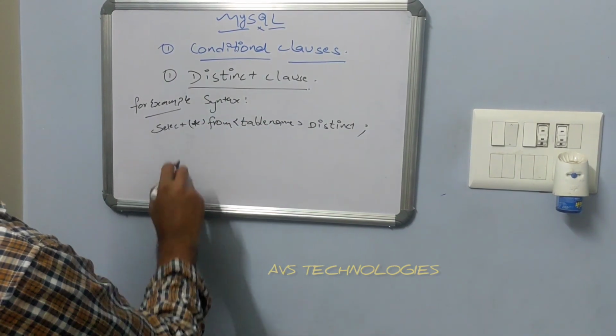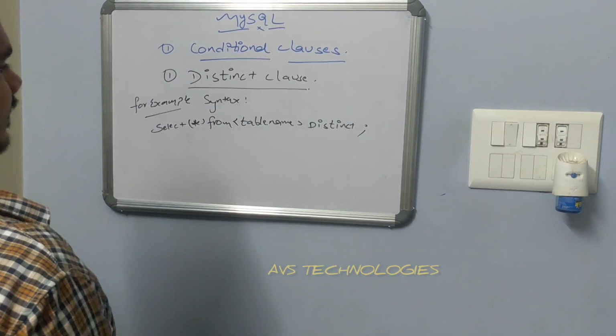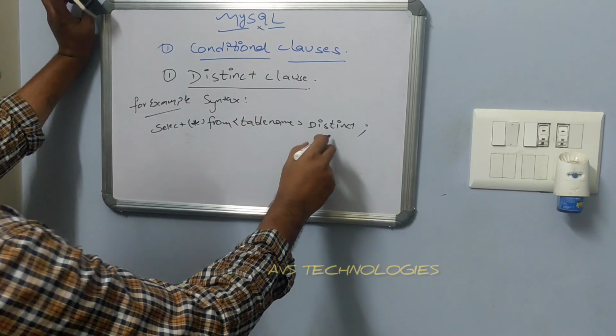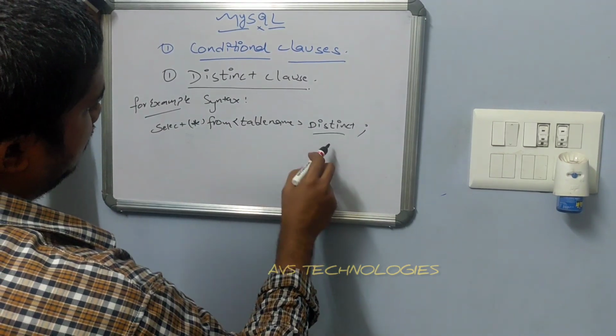Here we are considering one table. In that table it will eliminate the duplicates. It will eliminate the duplicates in a certain table.